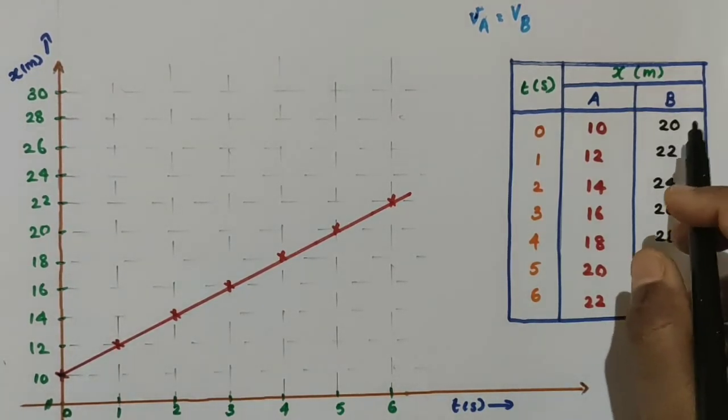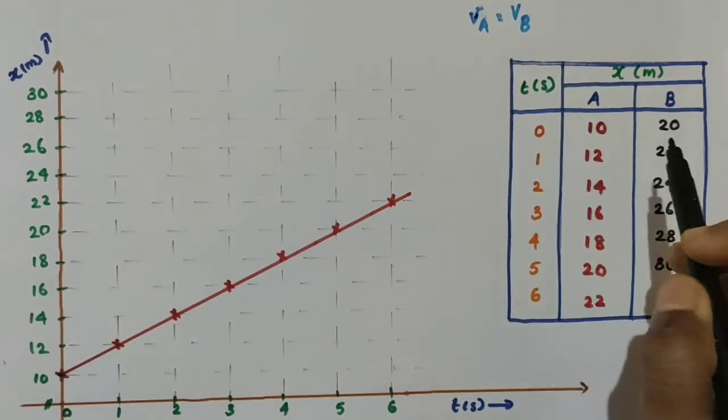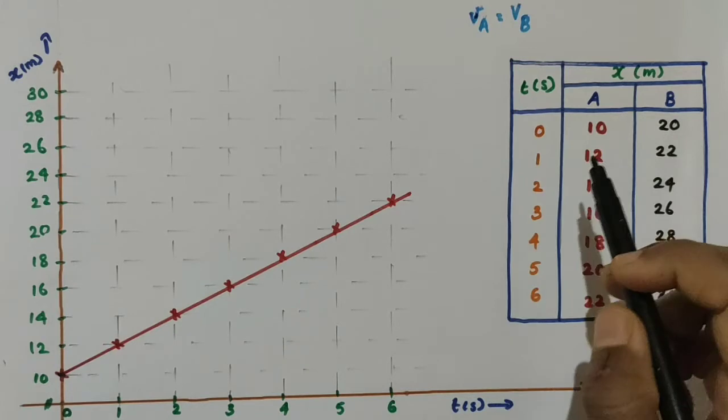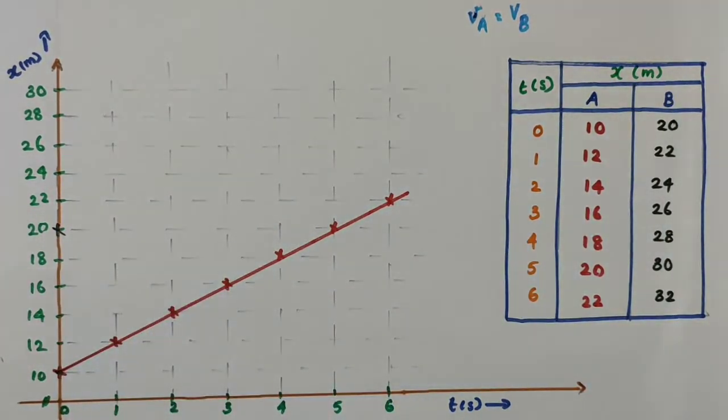Now let us draw the position-time graph for the object B. Its positions at different times are given here. At t equal to 0 seconds, B is 20 meters away from the origin, so we get a point here.